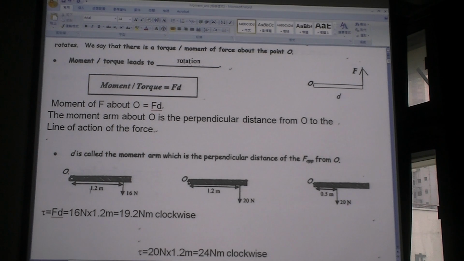Now for the first one, it's hinged at the point O and it applies 6 Newton down.